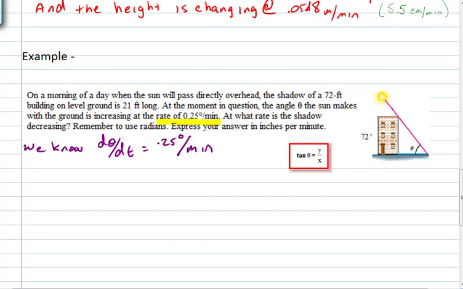At that moment, when we draw our triangle to draw a picture of the problem, this 72-foot tall building has a shadow of 21 feet, and we know the value of d theta dt.